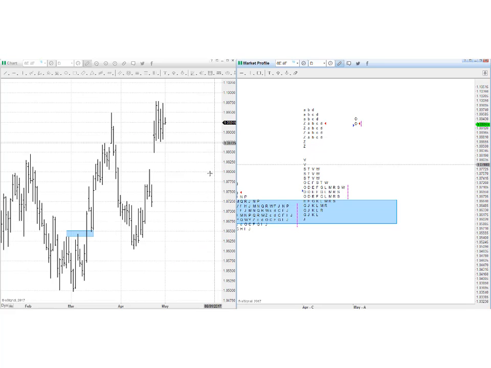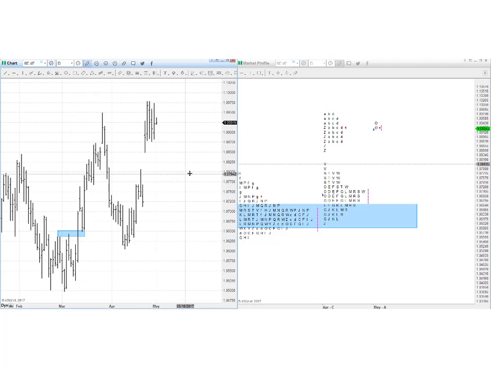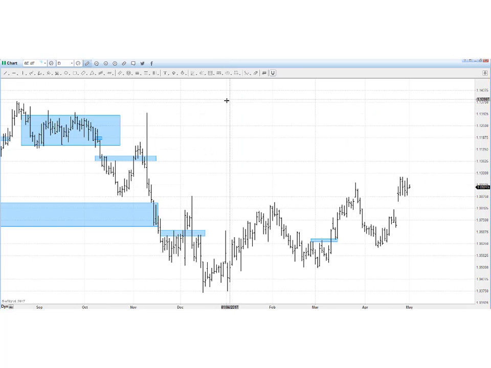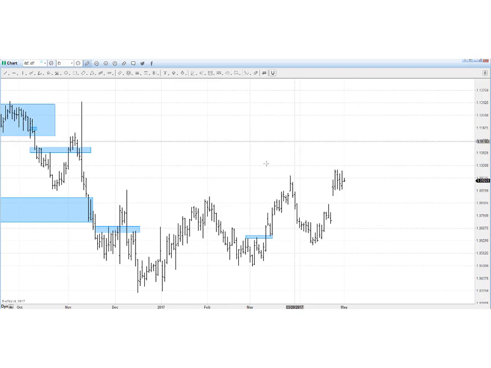So we can come down, and now to me, and this is a personal thing, it's easier for me to find trade setups after I've identified the market condition using a profile chart on a bar chart. So if I go to a bar chart, and you can see on the bar chart view here, let me get rid of some of this mess.